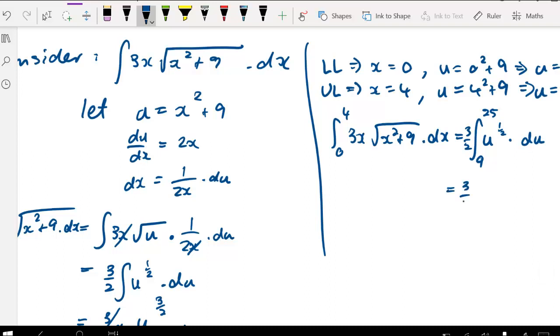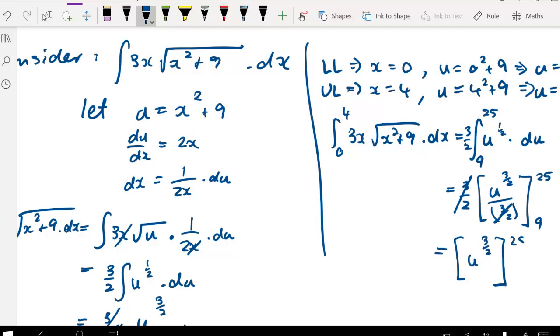So this will be 3 on 2 u to the power of 3 on 2 over 3 on 2. And remember, they cancelled. And we're between 25 and 9. So we now have u to the power of 3 on 2 between 25 and 9.